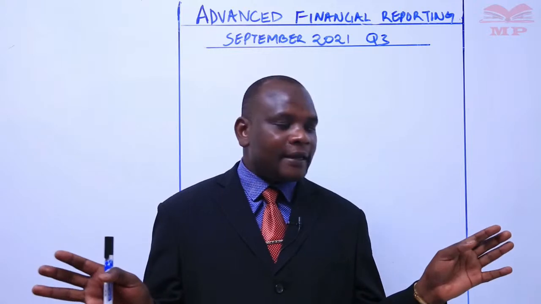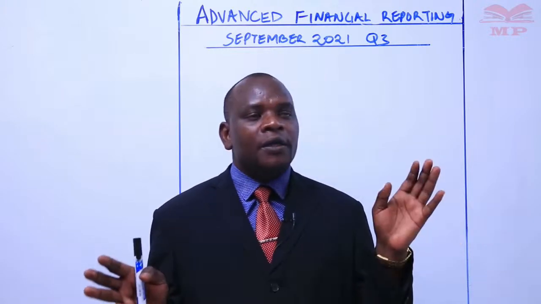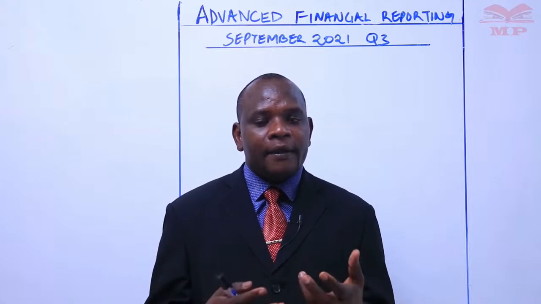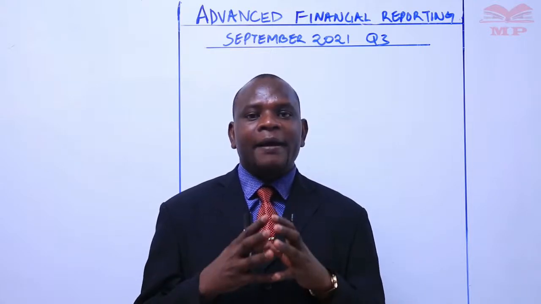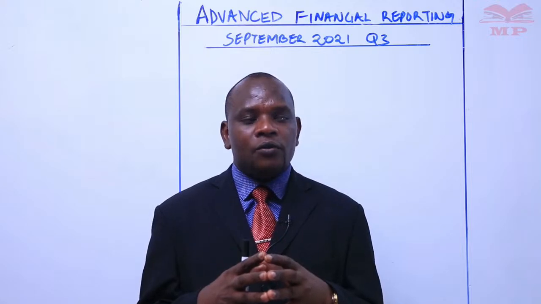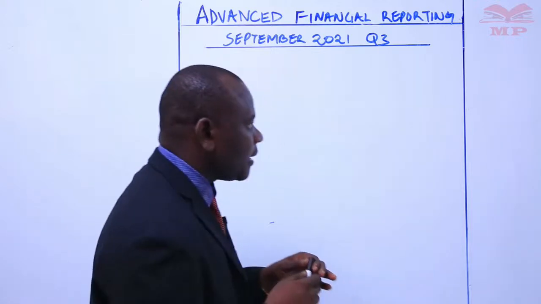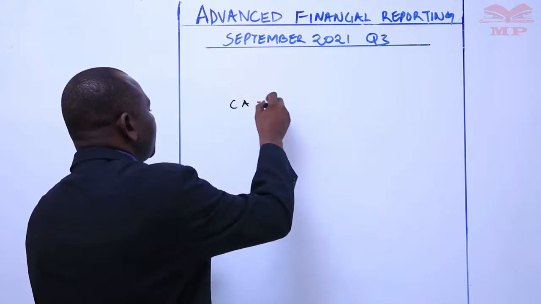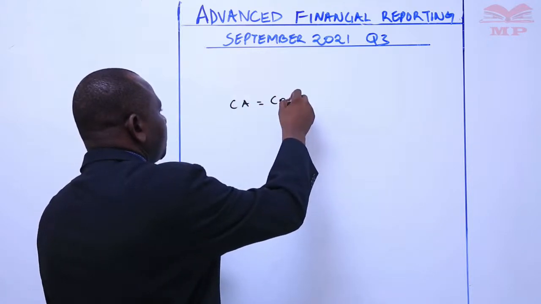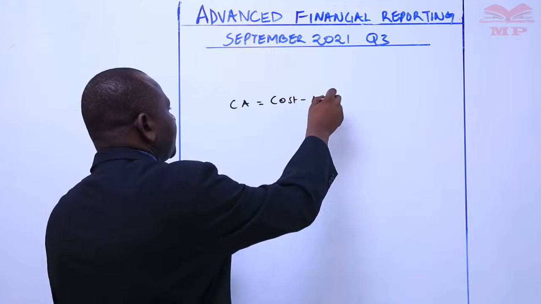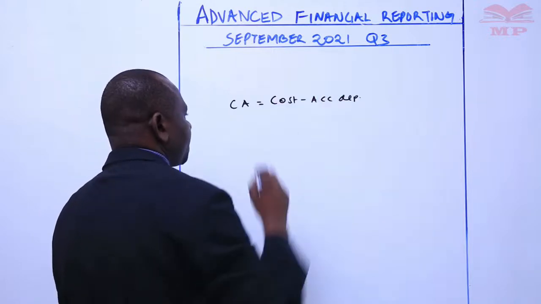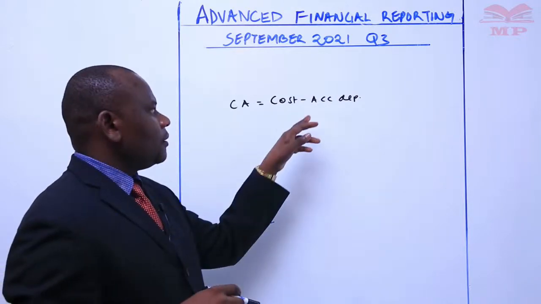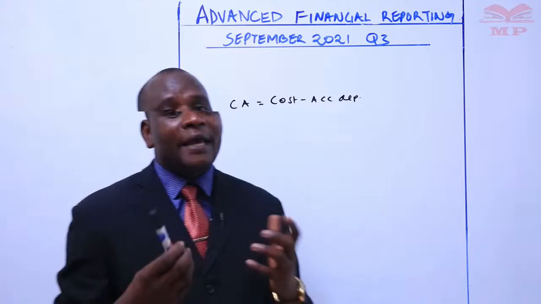Instead, they repel, because you realize that in accounting, if I am to determine the net book value or carrying amount, I'll say that carrying amount is equal to cost minus accumulated depreciation. Depreciation is the making of an accountant.